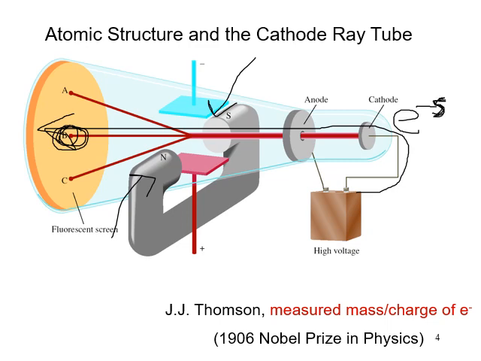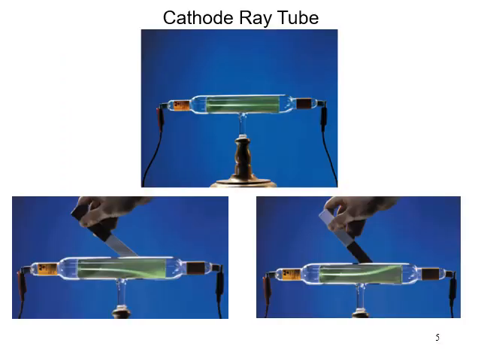By tweaking the electric field of the positive and the negative, and then the magnetic field, the mass to charge ratio could be determined. This is another picture of a cathode ray tube, and how it's responding to a magnetic field, not how it's responding to an electric field.